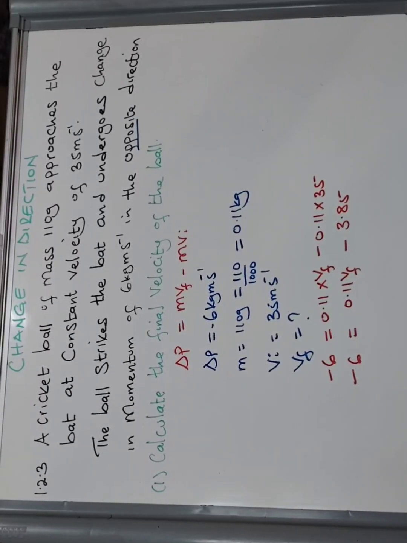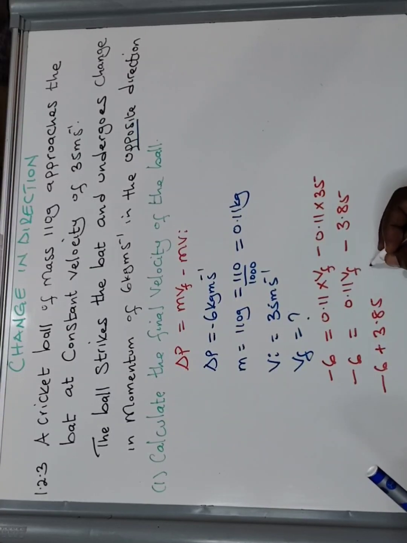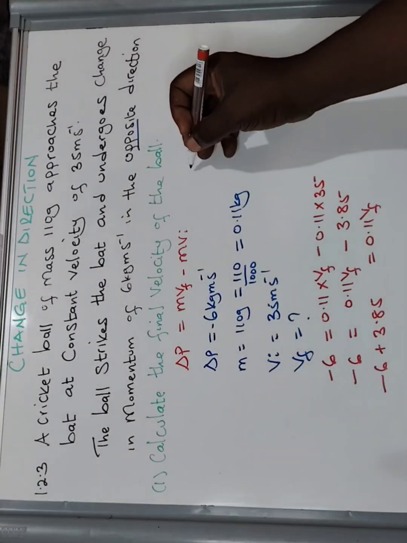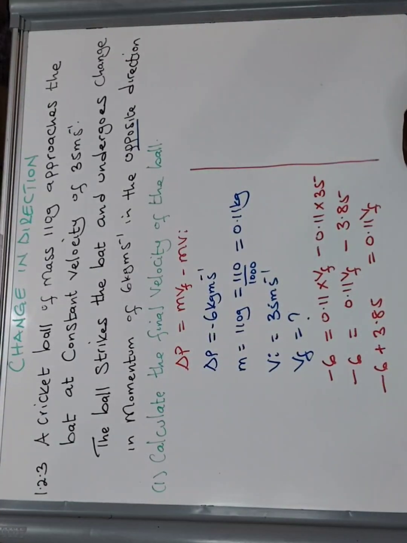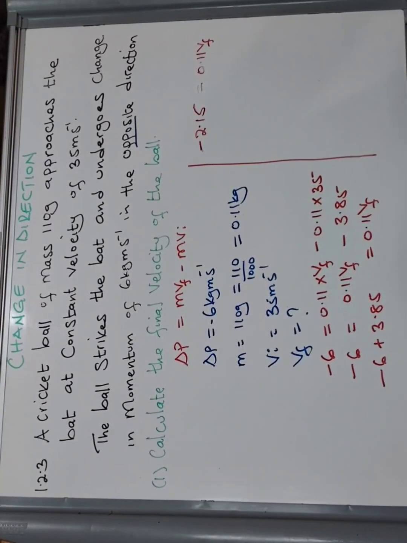So what do we do? We collect like terms now. So we are going to have negative 6 plus 3.85 giving you 0.11 VF. And from there, so there we are.